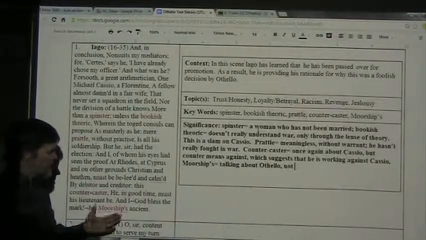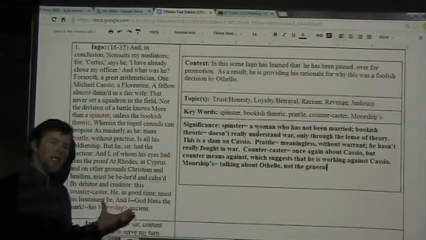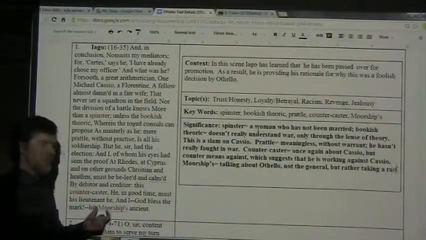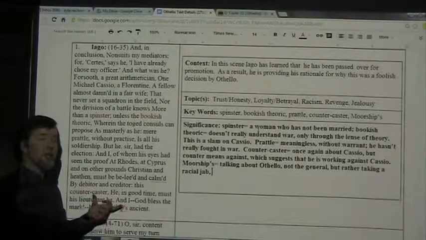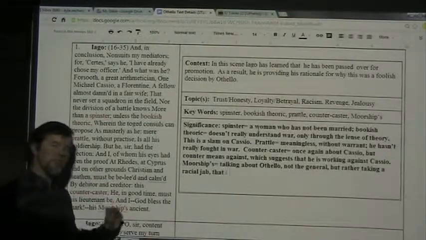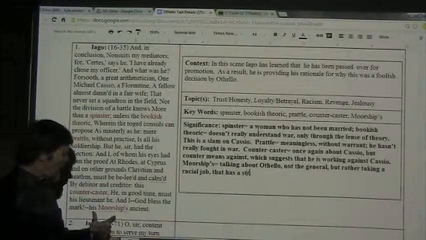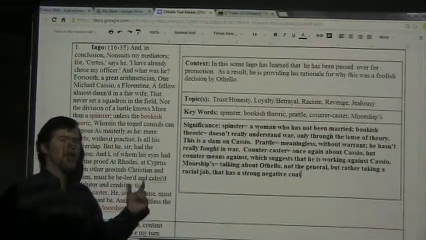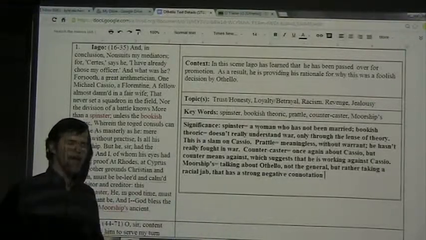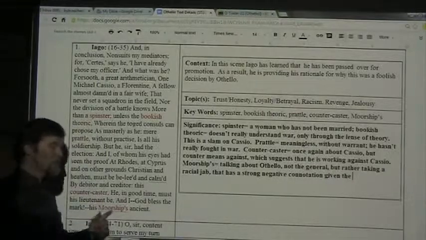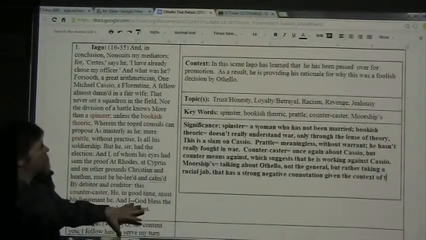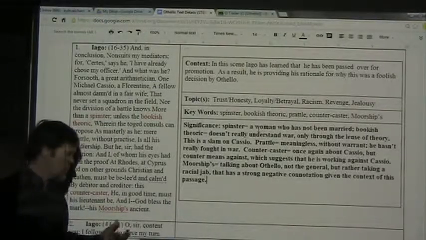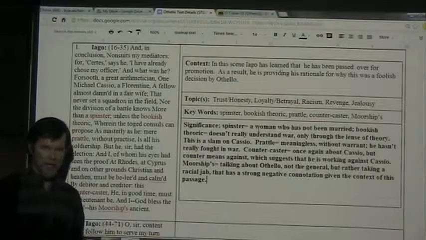Because in this line, by choosing this word moorship, Shakespeare's showing that Iago does not like Othello, because he chooses a word that refers to Othello's race instead of his job as general. So I would argue that the word moorship shows that Iago not only hates Othello because he didn't give him the job, but he also hates him because of his race. So even though we might not see other racism in here, that one word that Shakespeare chose reveals Iago's racism.